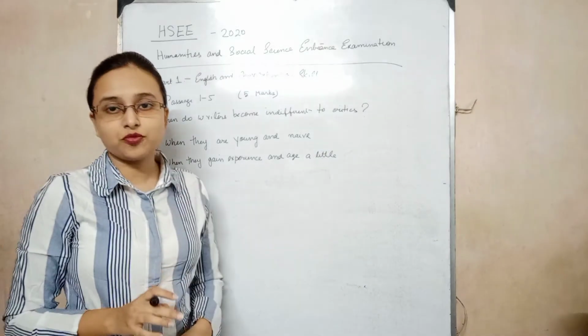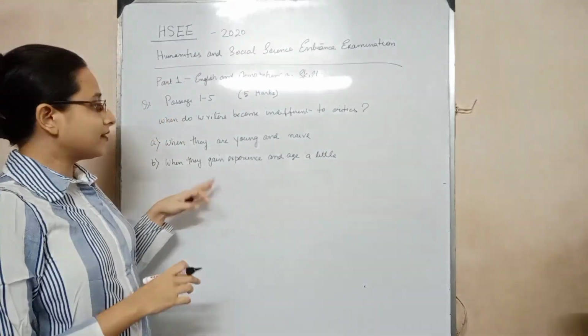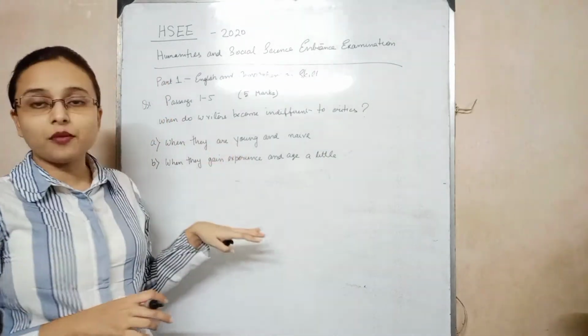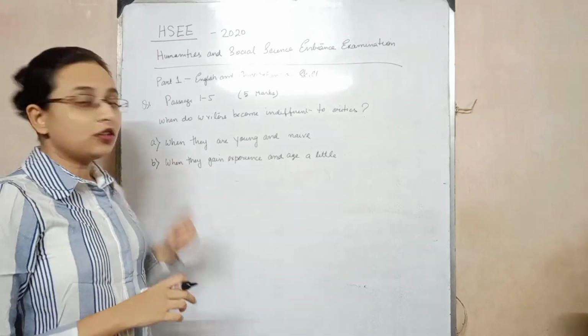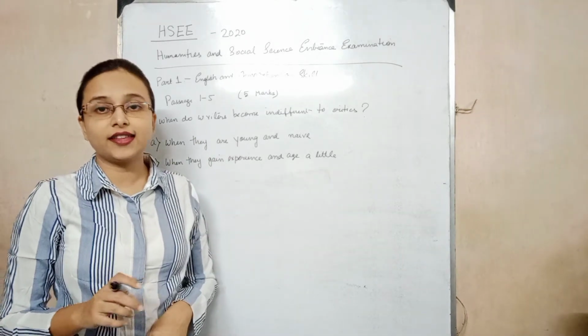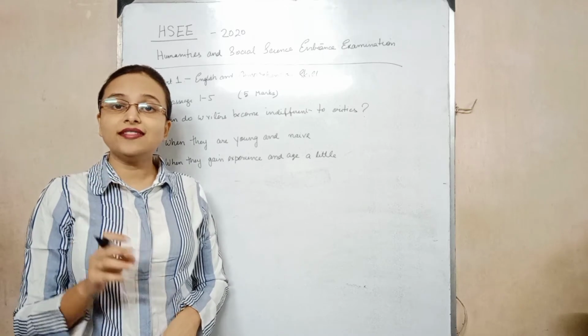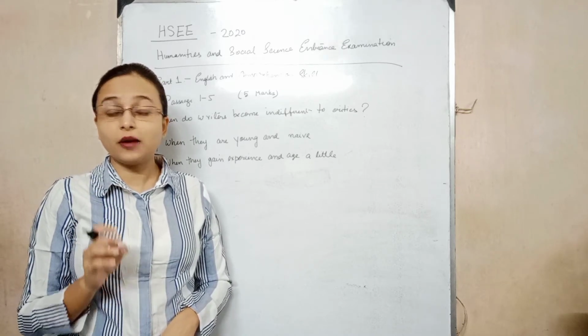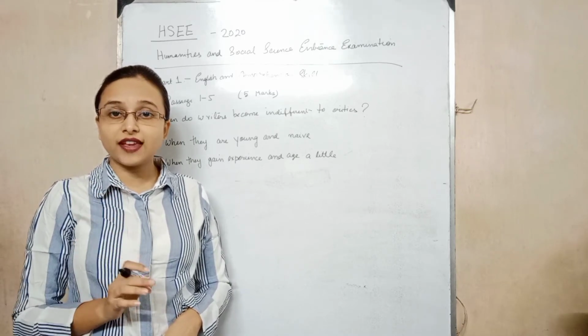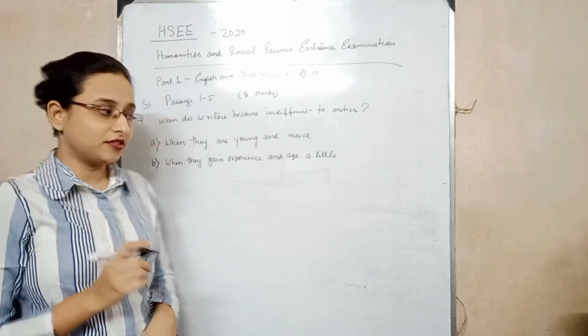This was the second option that was provided. So you can understand the second option is just the opposite of the first one. Now the third option was, when they read about the tragic demise of Keats, and become more sensitive.